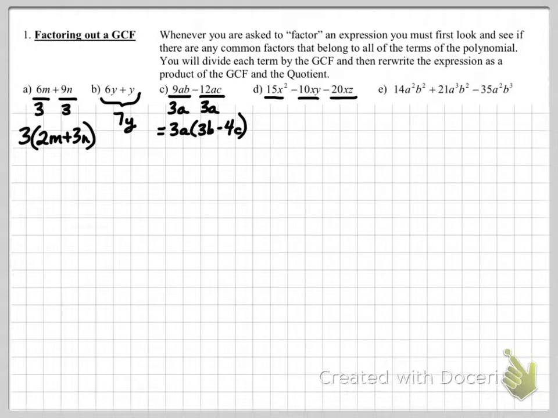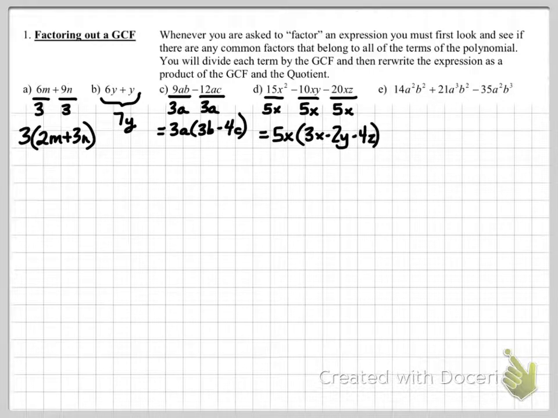That would be the biggest thing we could. 5 goes into all 3 terms, and I could divide an x out of all 3 terms. So this will equal 5x times 15 divided by 5 is 3. x squared divided by x is x. Minus 2y, and then minus 4z.